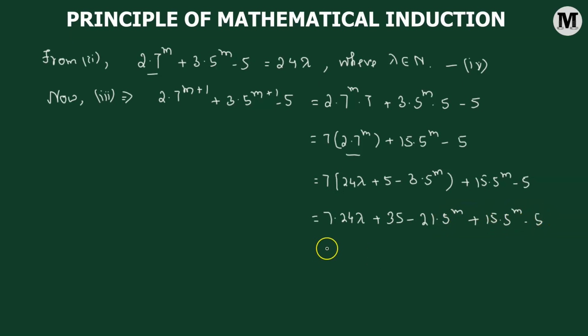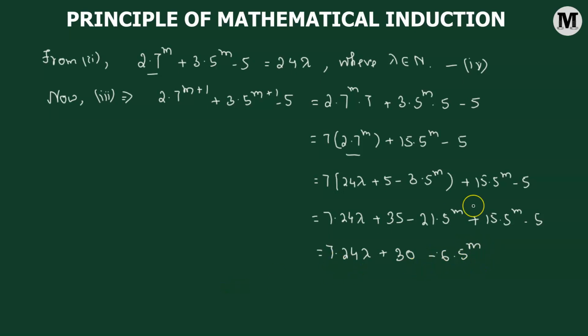minus 5. Now, we keep the first term as it is, 7 times 24 lambda. Then we have 35 minus 5, so that's going to be 30. And then we have negative 21 times 5 raised to the power of m added to 15 times 5 raised to the power of m. So that's going to be, we can consider it to be negative 6 times 5 raised to the power of m.